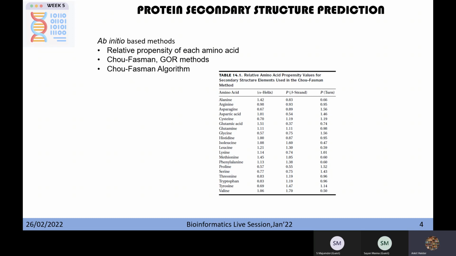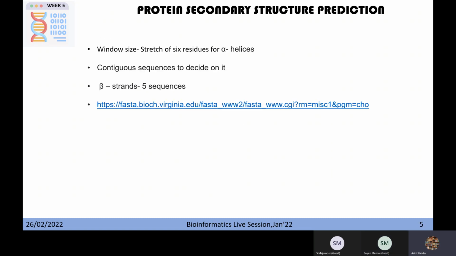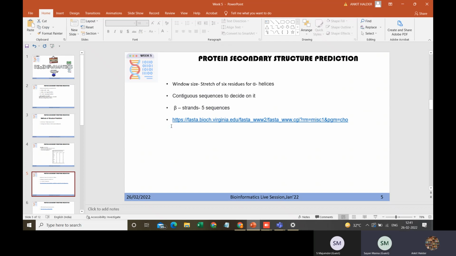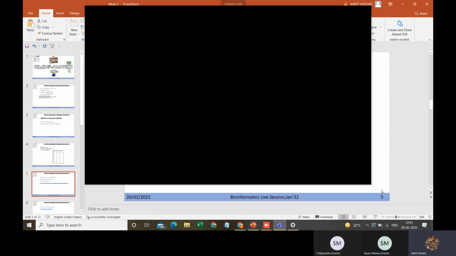Otherwise it will be predicted as beta strand structure. This is how the Chou-Fasman algorithm works. The window size here is 6 residues for alpha helices, and continuous sequences are needed to decide. You can perform this via this web tool.